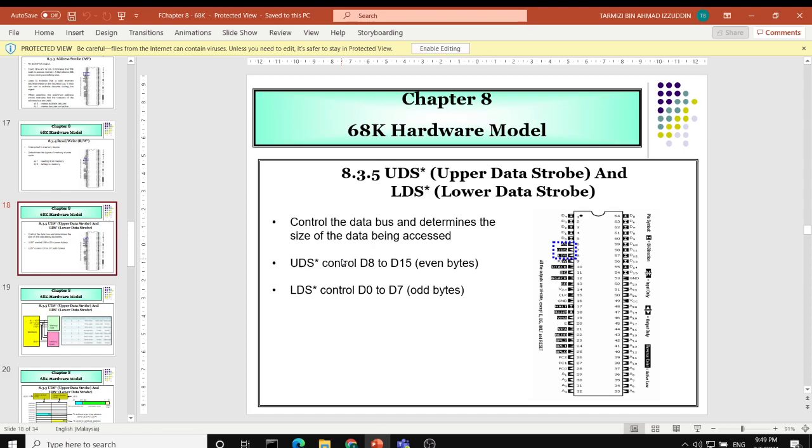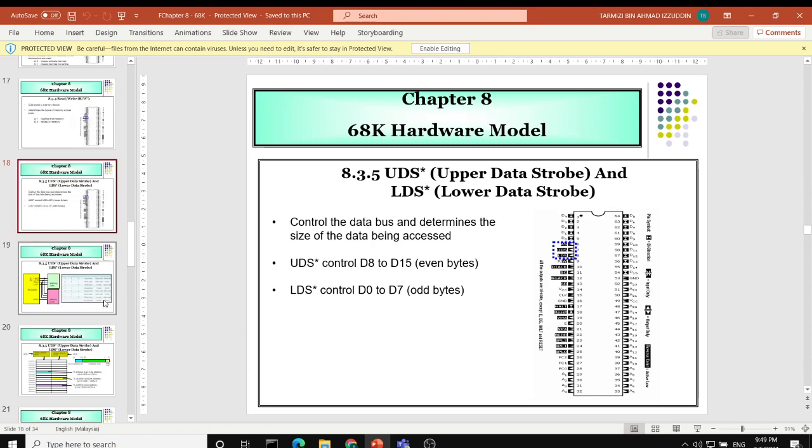Basically UDS stands for upper data strobe, writing to the even portion of the memory. LDS, lower data strobe, is writing to the odd portion of the memory.